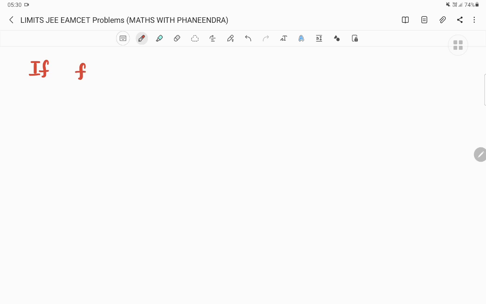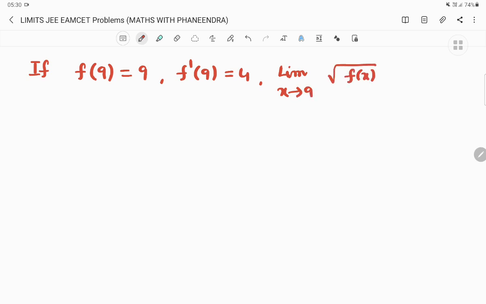If f of 9 is equal to 9, f dash of 9 is equal to 4, and limit x extends to 9, root f of x minus 3 divided by root x minus 3 is equal to.